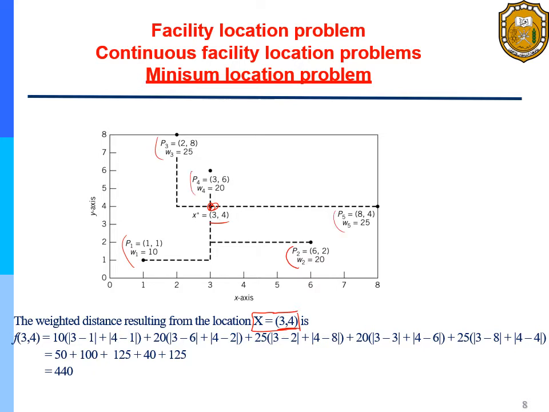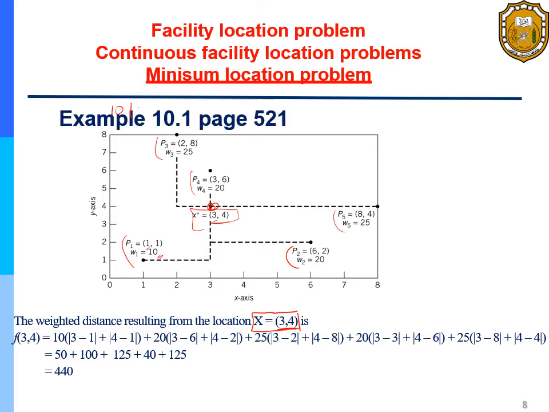In order to calculate the objective function, you simply plug these values of x and y into your objective function. Simply remember our objective function. We multiply the weight for P1, which is 10, by the absolute value of x minus a1.